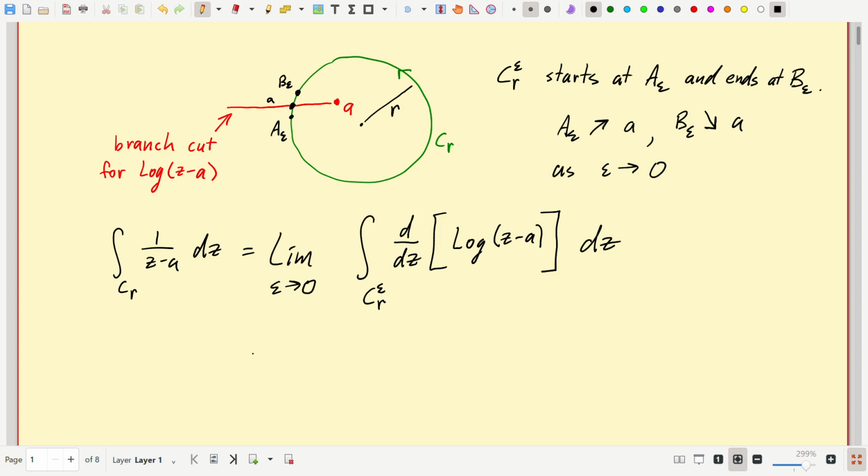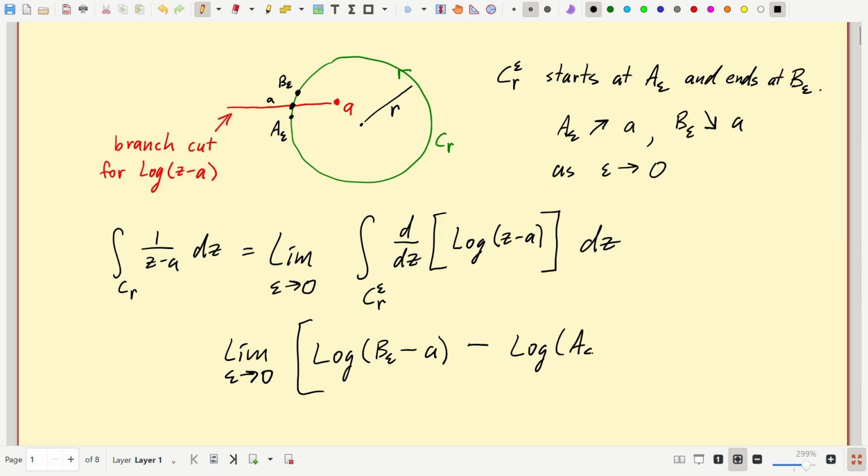That would spit out the limit as epsilon goes to 0 of log of b sub epsilon minus a, minus log of a sub epsilon minus a.